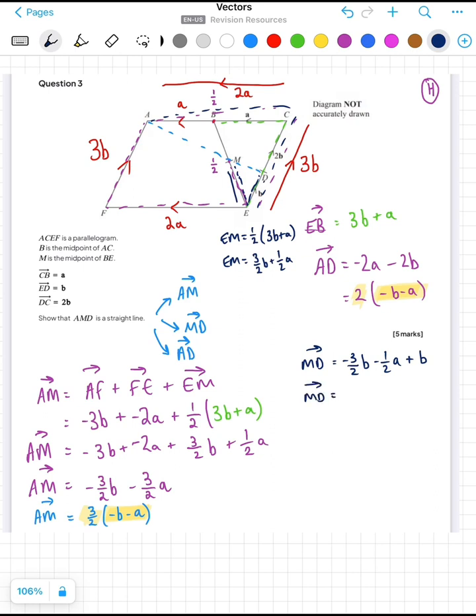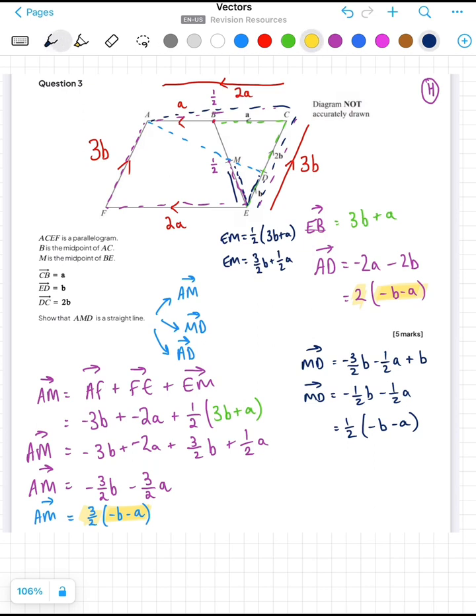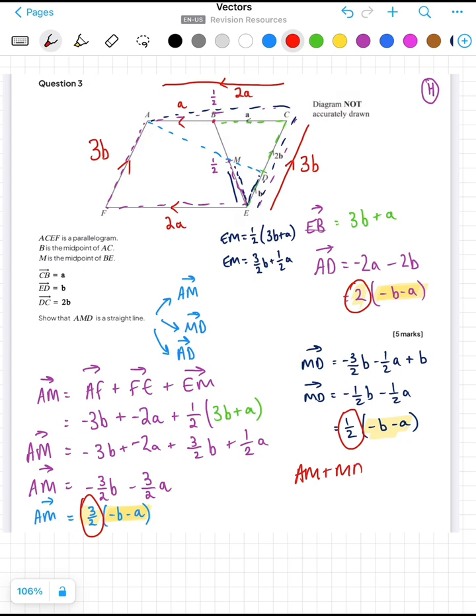And then we simplify, so minus 3 over 2b plus b is minus a half b minus a half a. Take out your common factor, leaves you with, in the bracket, minus b minus a. So the vector quantities are the same for each, which proves they are on the same straight line. We can also see that 3 over 2 plus a half equals 2. So A to M plus M to D equals A to D. Therefore, they are on the straight line.